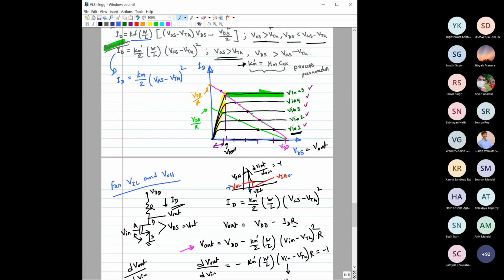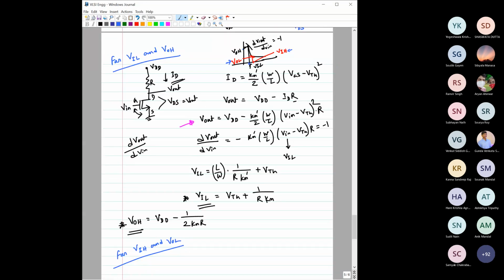VDS is basically the V out, so V out is decreasing, but the rate of decrease is very small. So that's why in this region the transistor would be operating in the triode region.